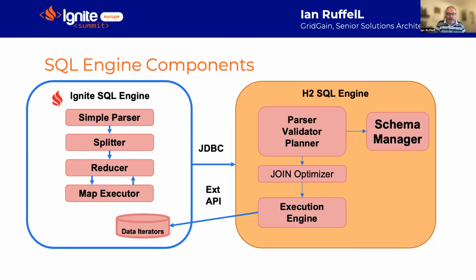The only exception is a simple parser for Ignite-specific commands. So for example, the splitter, first of all, calls H2 to get a plan for the query. What's really important here is that all the data is stored in Ignite and wrapped to H2 iterators. So H2 only duplicates some schema information in order to make parser, validator, and planner work.